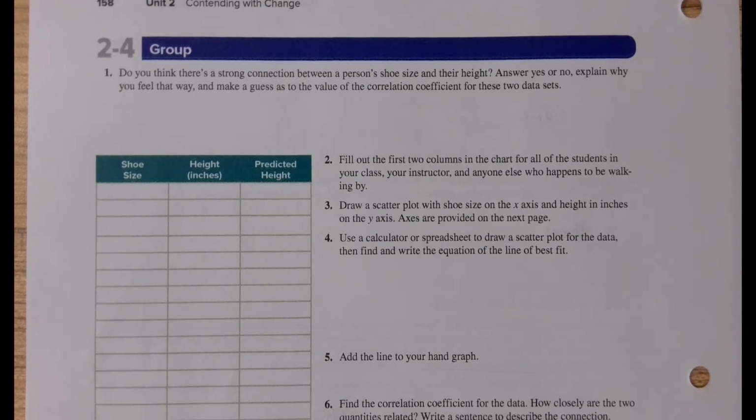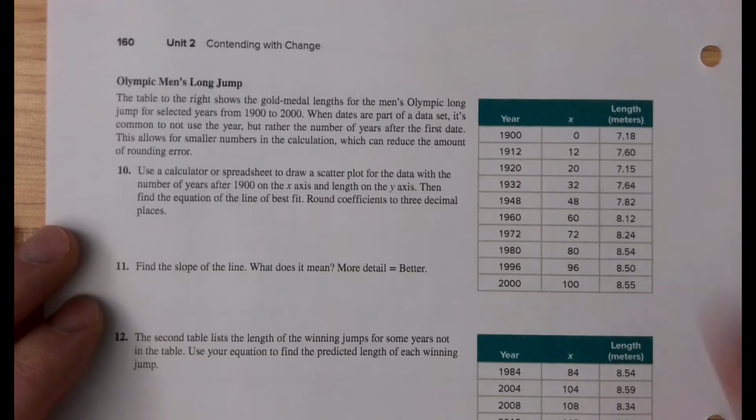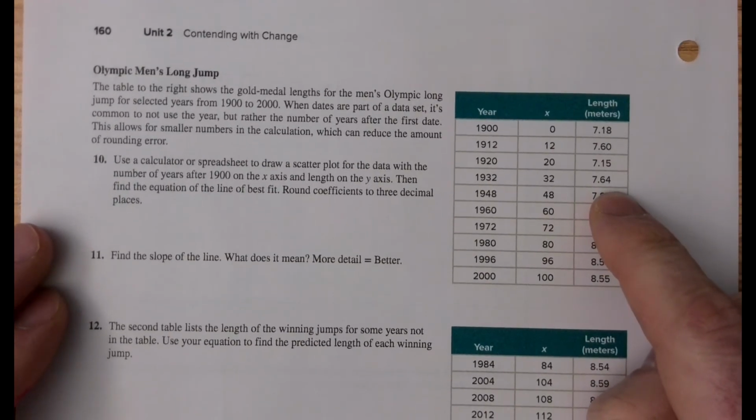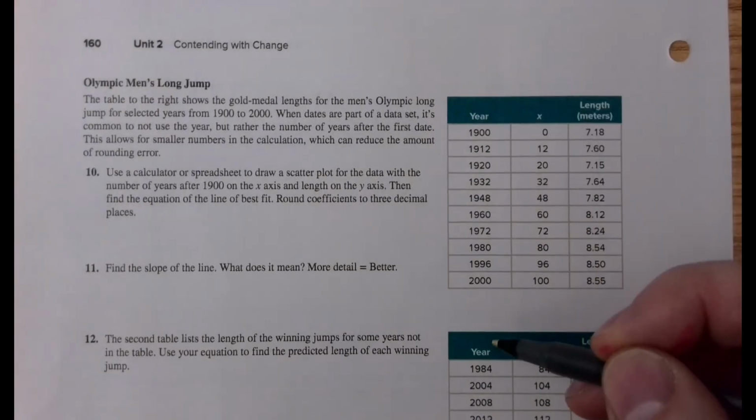So we're going to move on to the end of the chapter, which happens to be all the way to page 160. And we're going to create a regression equation for these data. So notice this is a very common thing when we're given time.